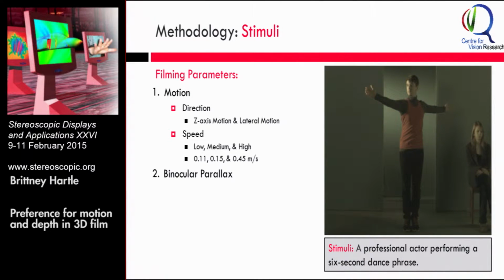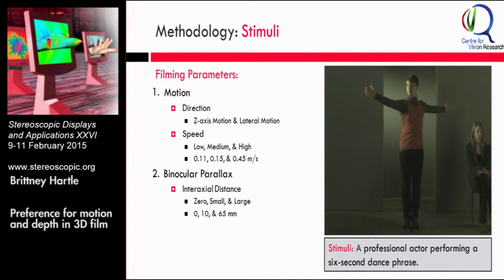So we had three different conditions of low, medium, and high speed, which correspond to these speeds below in meters per second. And this is the speed of the camera along our dolly and track system. And of course, for binocular parallax, we manipulated the interaxial distance between our two cameras, so we had a 0, small, and large IA condition, which correspond to 0, 10, and 65 millimeters respectively.